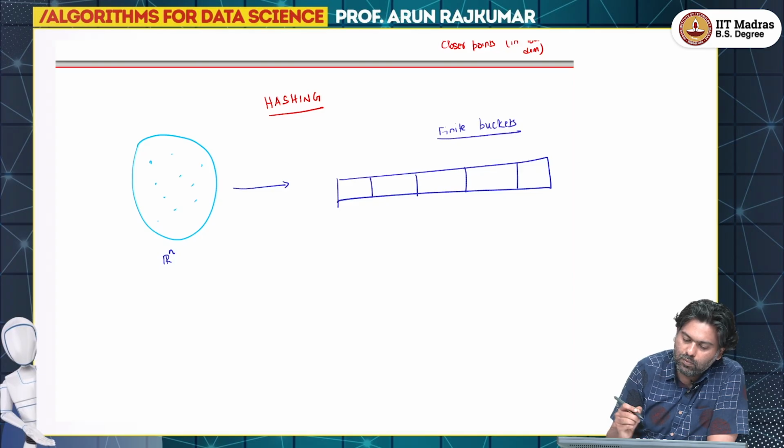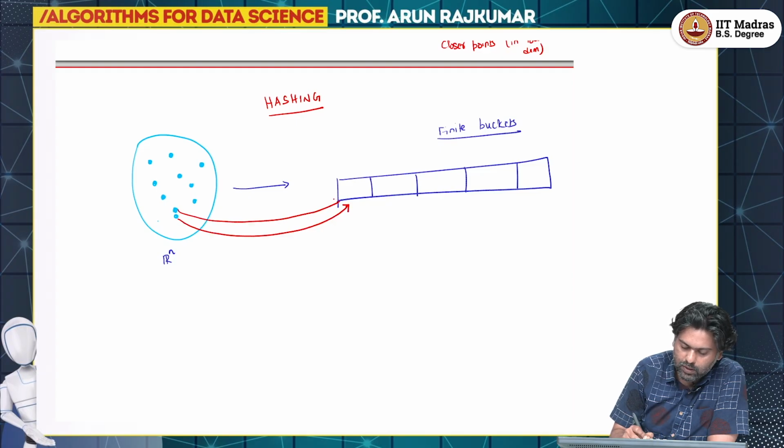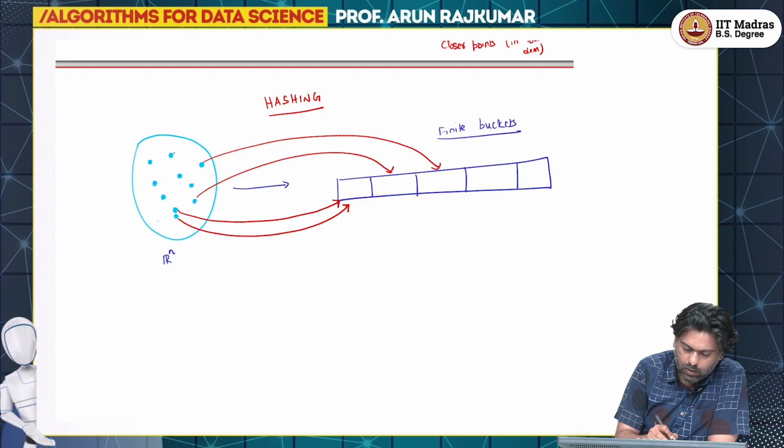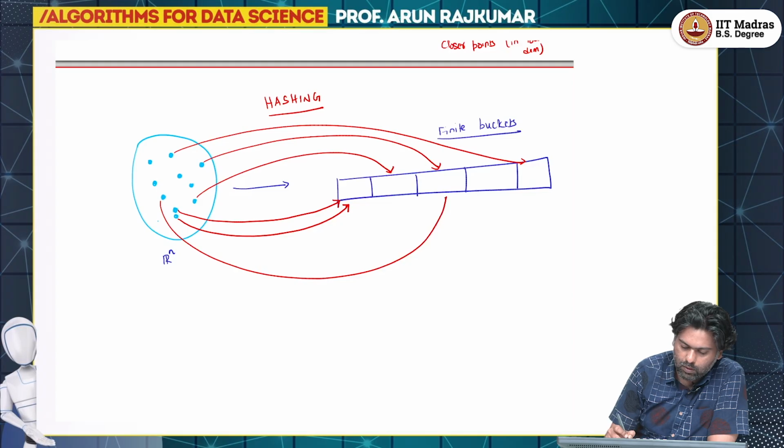So, let us make these points slightly bigger, so that when I put them in buckets it becomes clear which one goes where. What I want to do is find a map that puts these points inside buckets. Maybe this goes here, maybe this goes to this bucket, this maybe goes to this bucket, probably not this one.